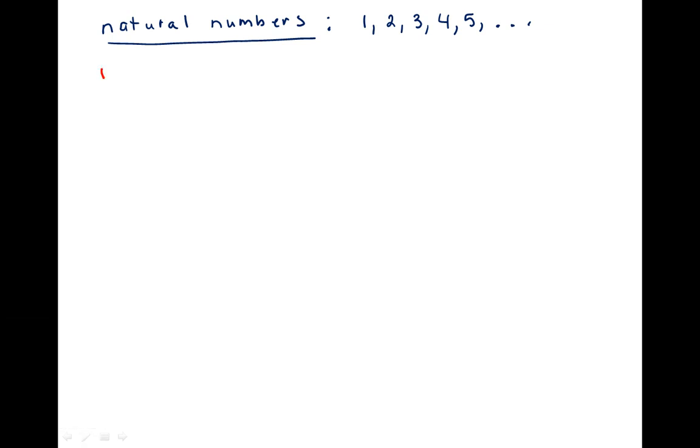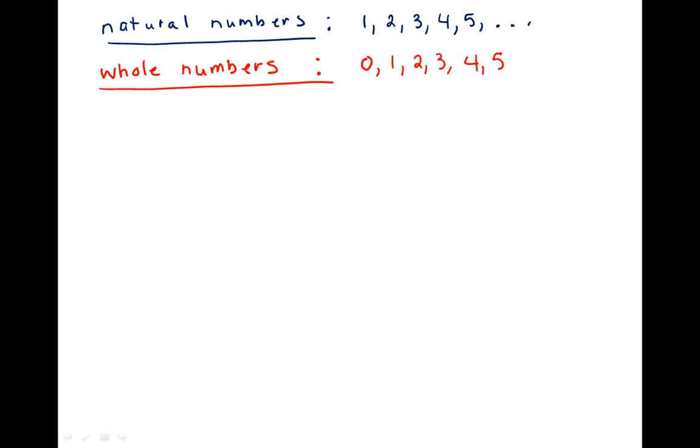All right, whole numbers. Now the whole numbers include the natural numbers plus 0. So the only whole number that's not a natural number is 0.